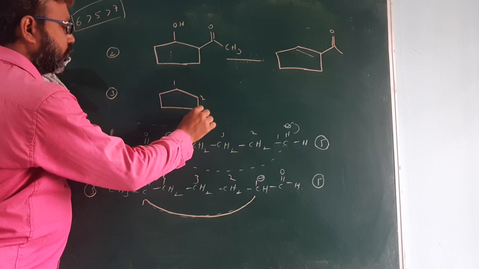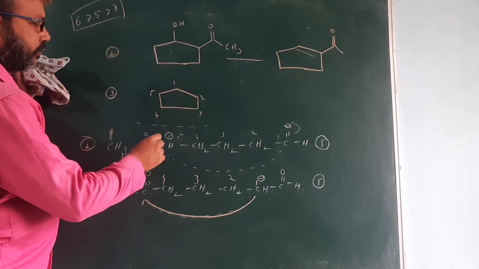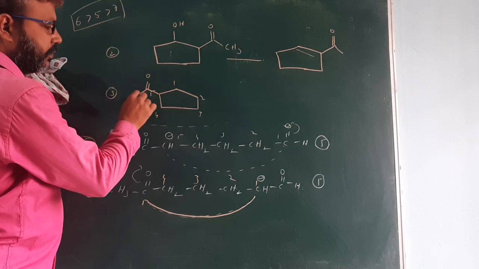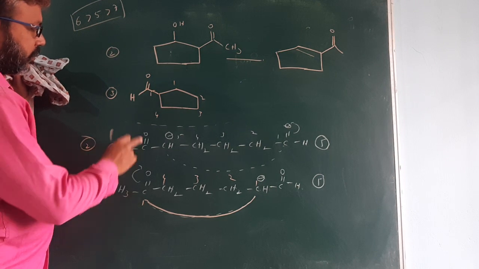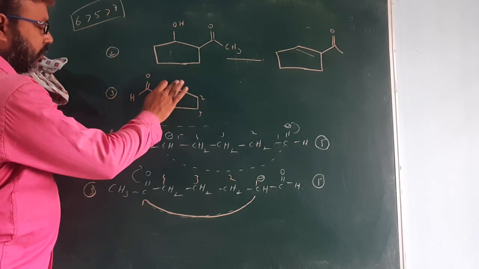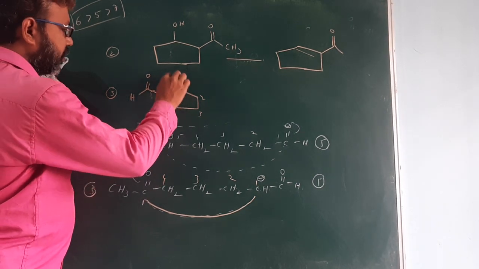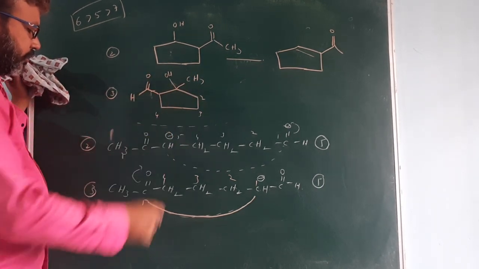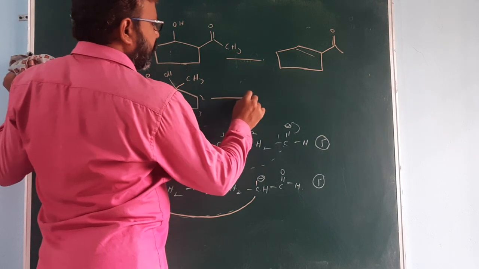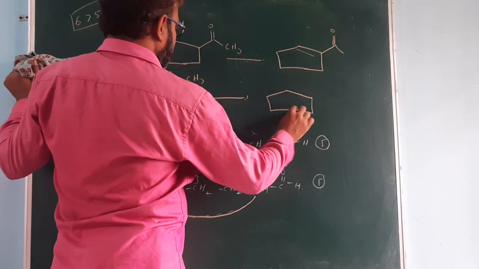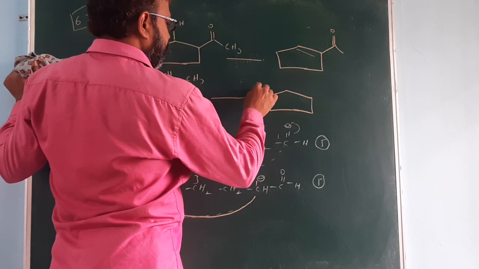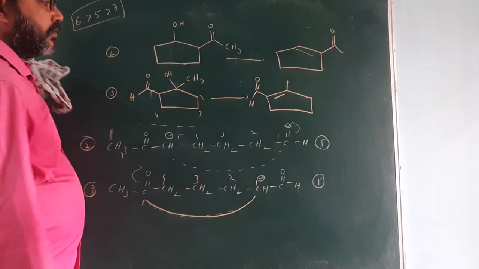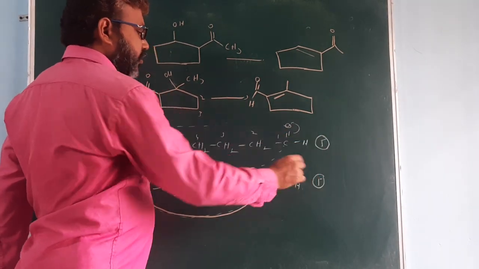This one bonds with the C double bond OH, and with CH3 there is loss of a water molecule on heating. You get this product, which is also a 5-membered ring.